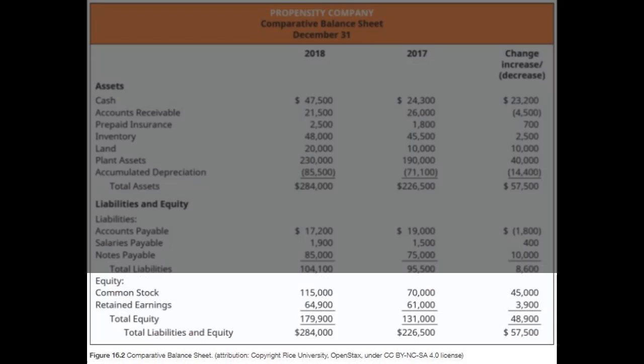Were an equity value item to decrease, it would be analogous with a decrease in cash.